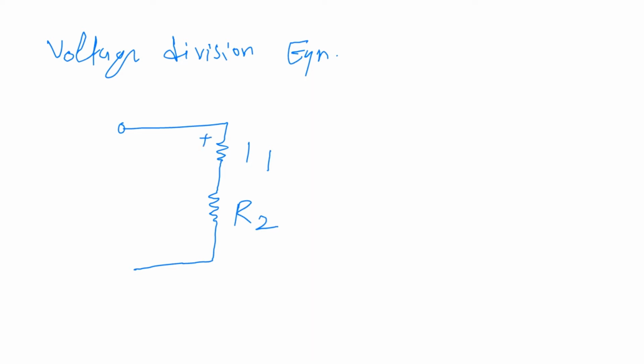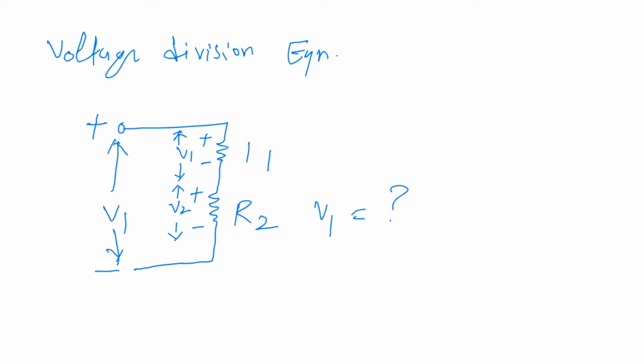And we have connected these two resistances to the voltage V. Okay, and we have voltage drop right here as V1, and across R2 resistor the drop is V2. So how can you find out voltage V1 and how can you find out voltage V2?